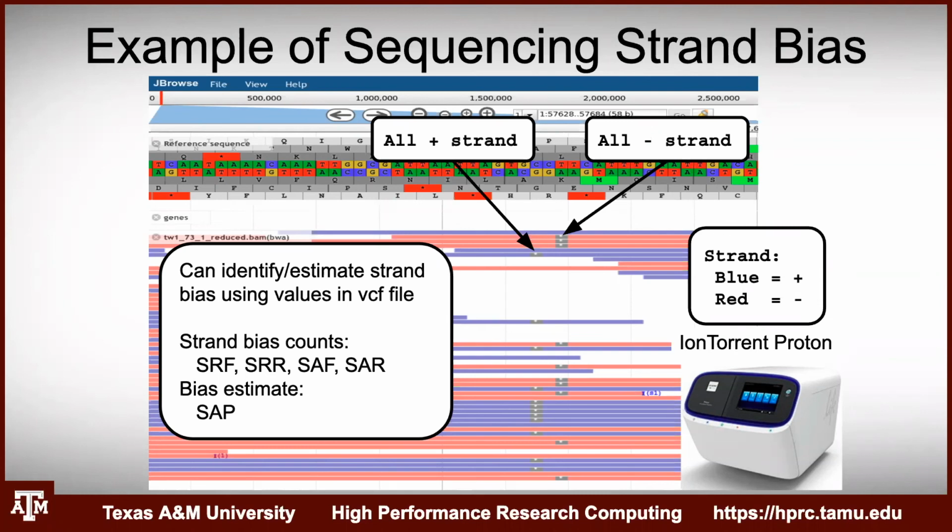You can see that all these mutations are occurring in just the forward aligning reads, and that shouldn't be the case based on probability. There is a way to identify and estimate strand bias using values in the VCF. So if you ever use Ion Torrent data, just be wary of that.